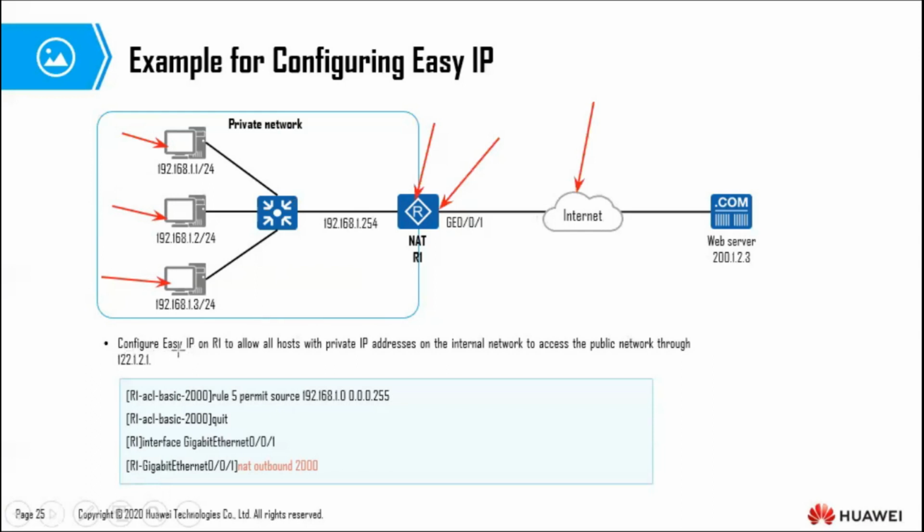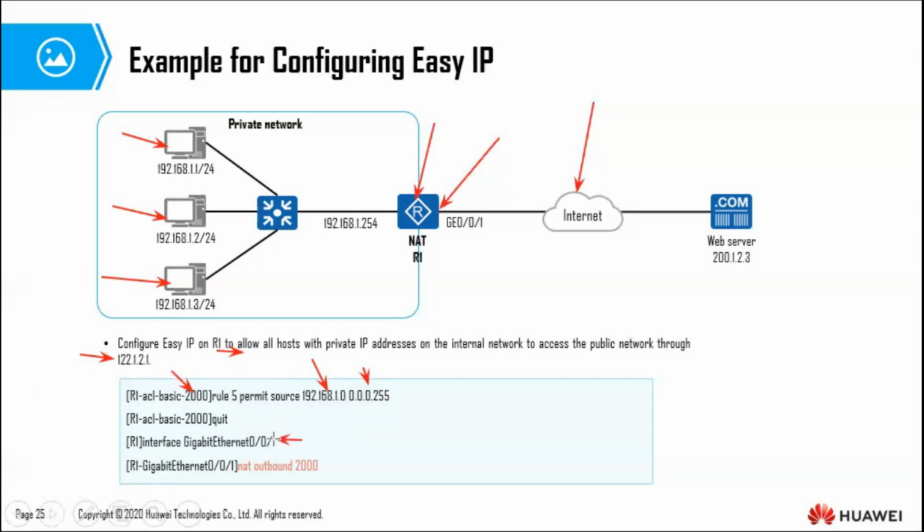So here we want to configure Easy IP on R1 to allow all hosts with the private IP addresses on the internal network to access the public network via 122.1.2.1. So we have to create an ACL. Rule 5, permit source. We enter the private address and the wildcard.